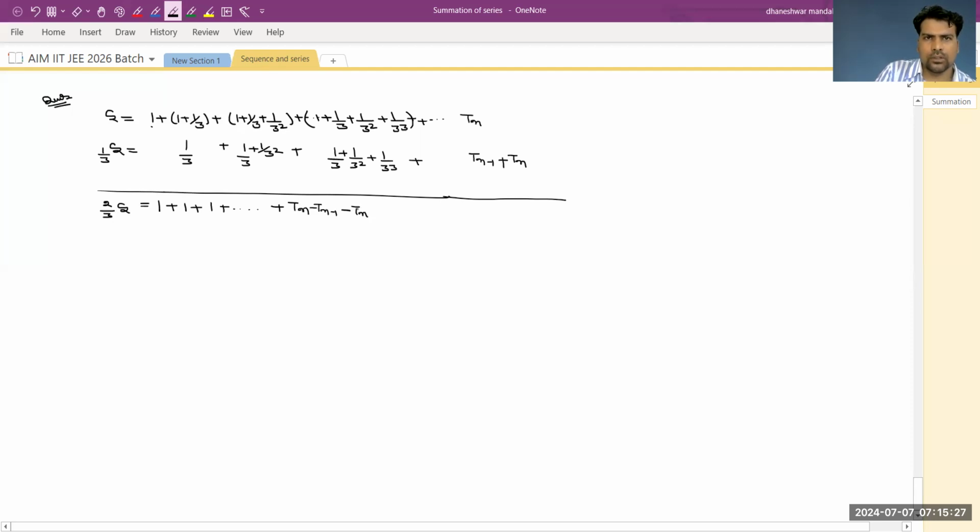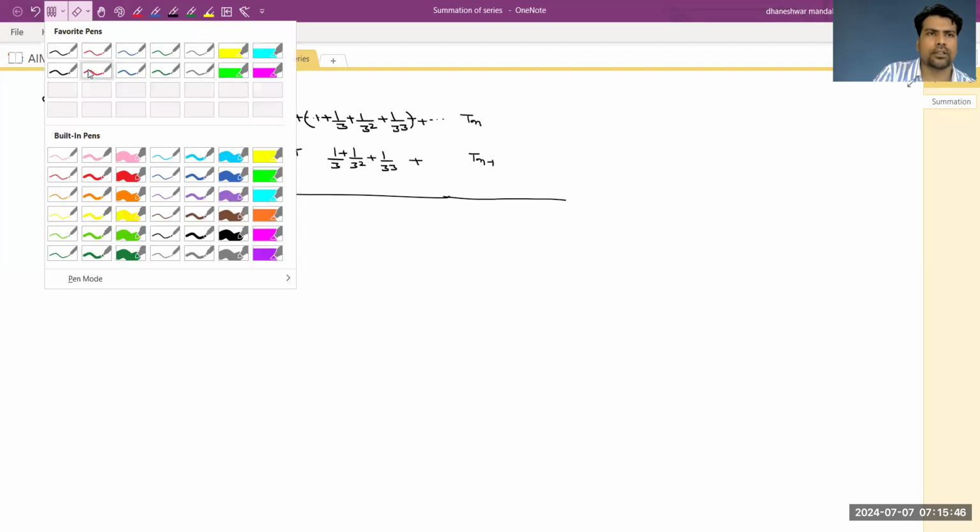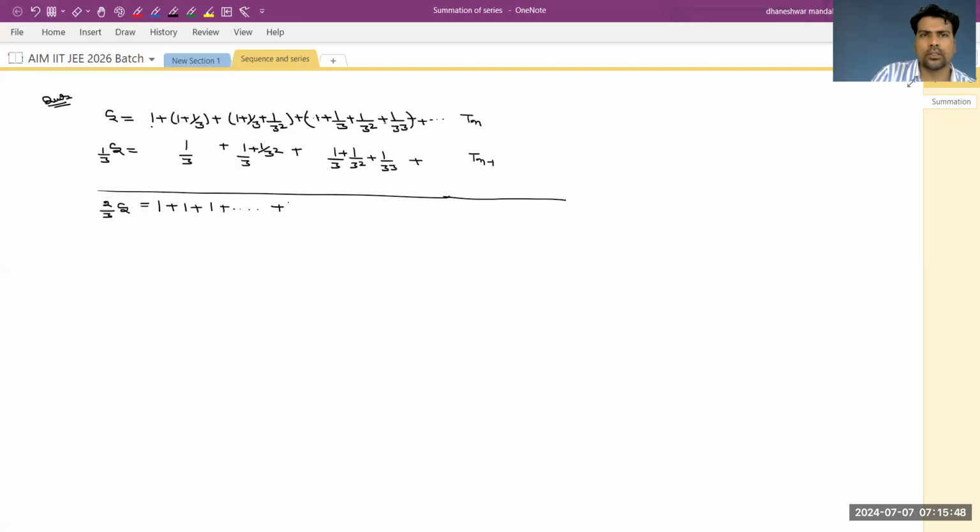So I need not write the term T of n minus 1. If I want to calculate T of n, so just find Tn. What is Tn?